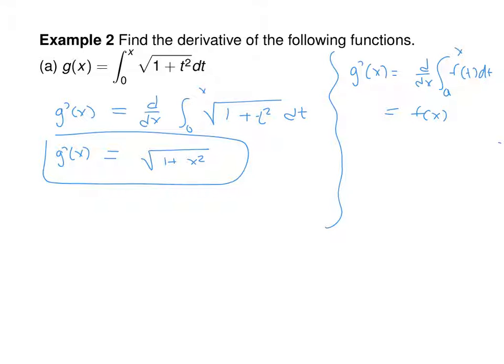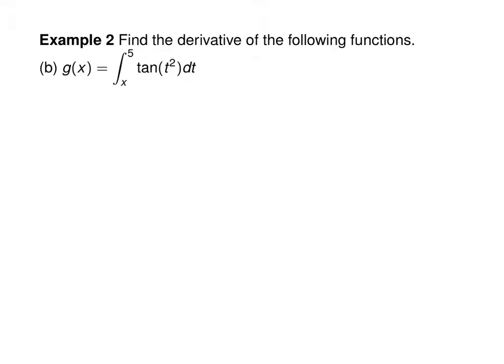So look at part B. What's the slight issue with that one as it is? It goes from x to 5. So can you change it around before you take the derivative so that it goes from a number to x? Negative, yep. So negative integral from 5 to x of tan t squared dt.